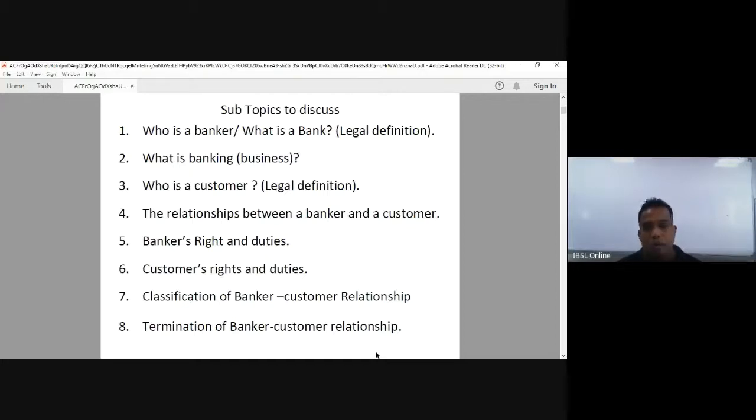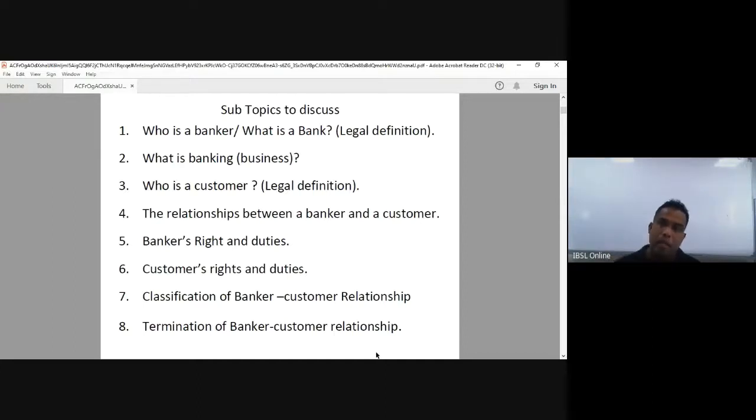Whether the law will accept any institution as a bank just because they have the word bank in their name, or what are the requirements to be a bank? These are the things that we are going to discuss under the first subtopic.